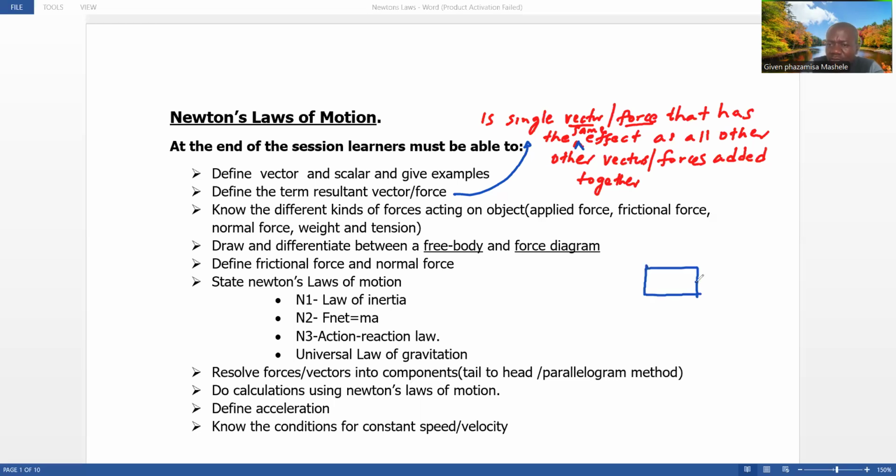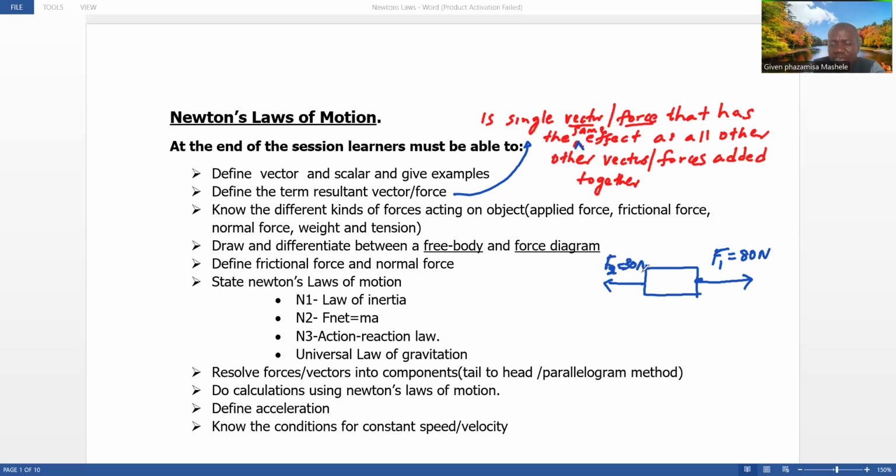One force is directed to the right, because remember, we represent a force by having a tail to head. The head is for the direction. I'm going to say a vector. So let's say the first one, F1, the force is 80. Then F2, the force is 30.